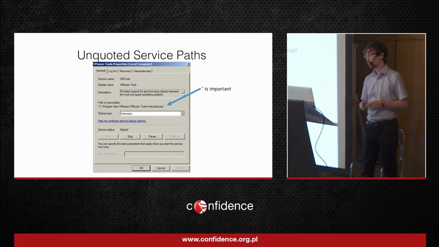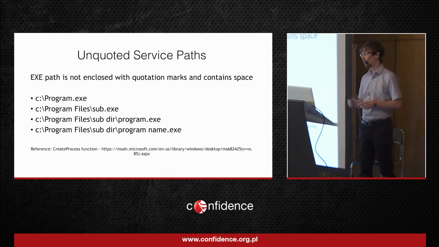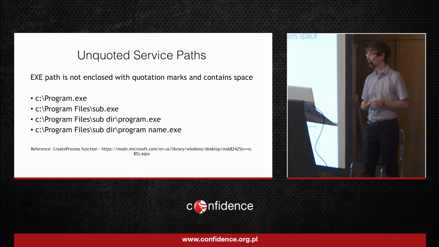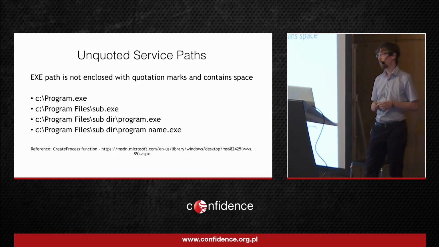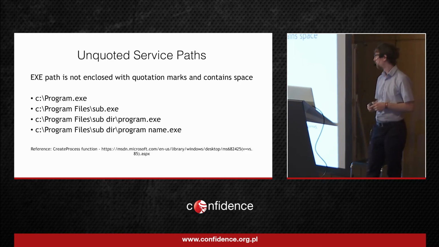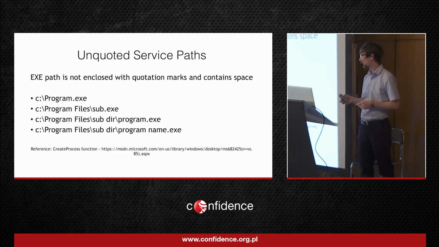But let's think what will happen if there are no those quotes, and the path contains some space. Then the operating system doesn't really know which part of the path is the real executable and which part of the path is the arguments which should be passed there. So Windows is trying different files in this order.